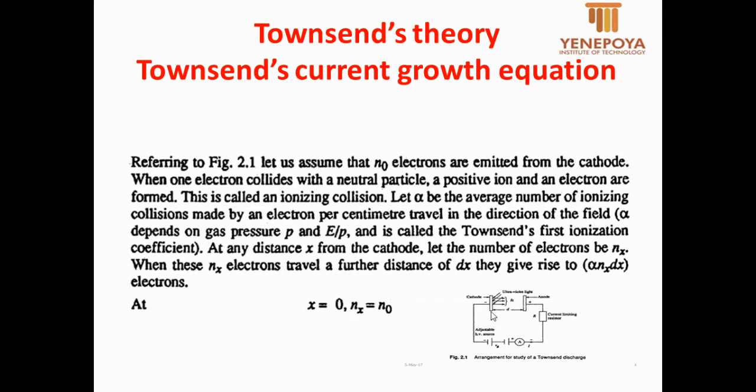Here, this is the cathode and this is the anode, and the electrons travel from here to here in the electric field. At x equal to 0, nx is n naught.